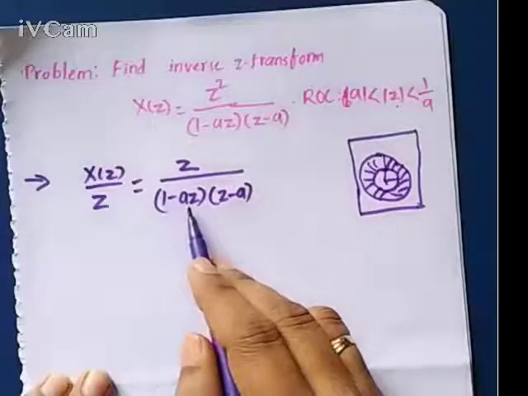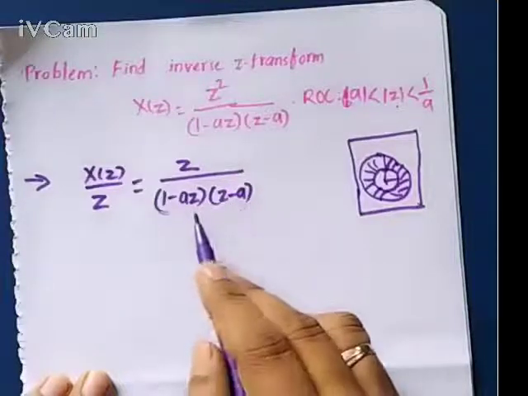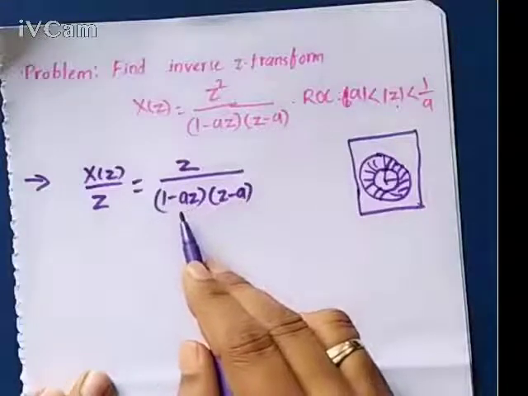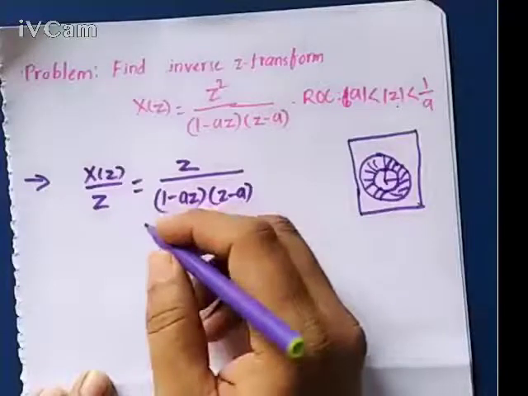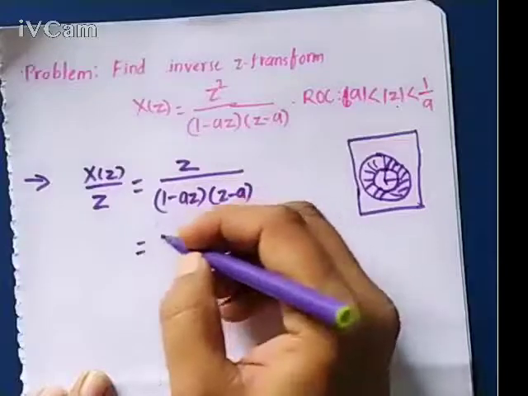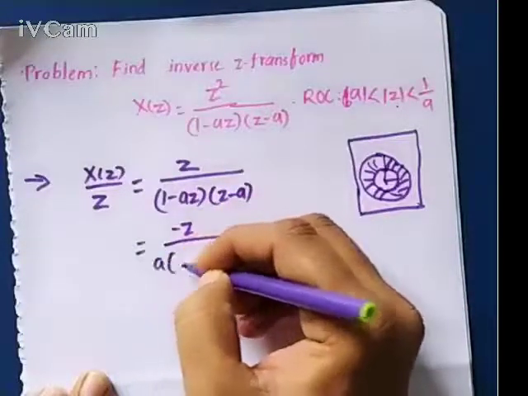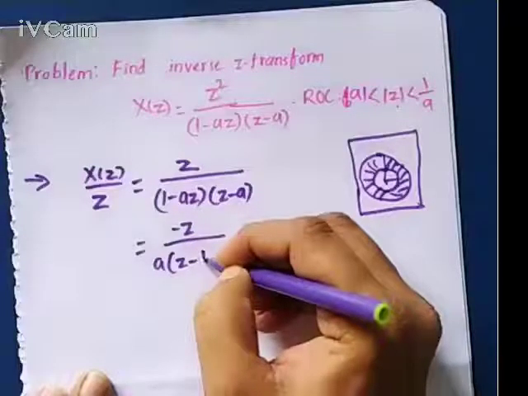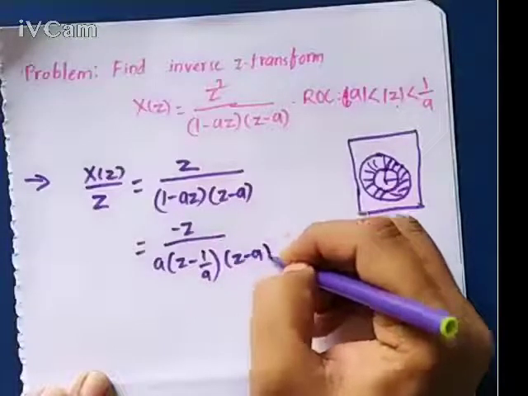1 minus az, मुझे कैसे चाहिए? z minus of something, because I have to find the roots of this, the poles; मुझे इसमें poles निकालना है. So I will take a outside, that would be minus a into (z minus 1 by a), into (z minus a).